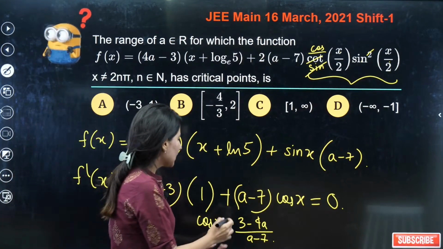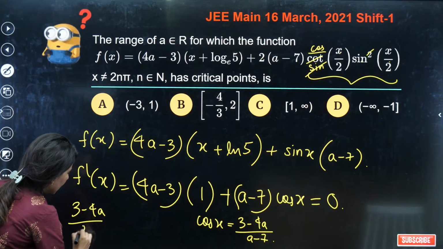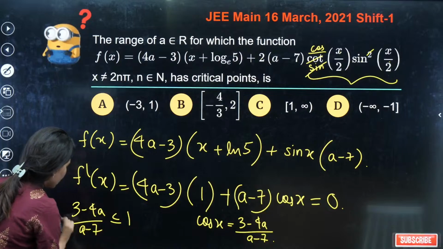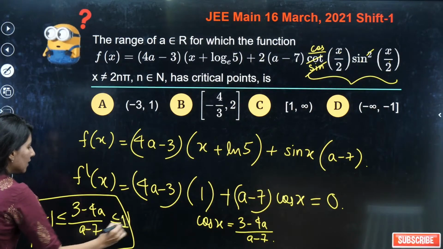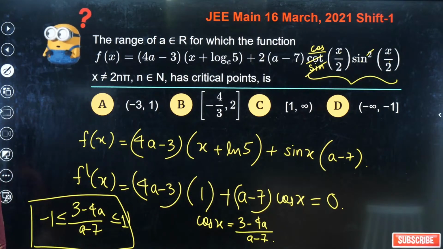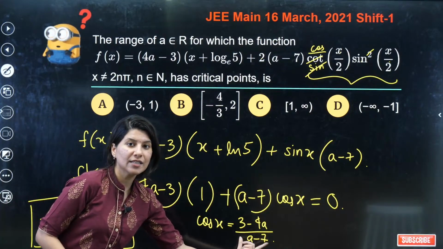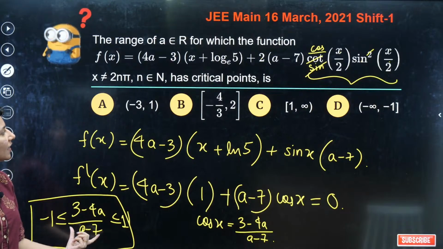So basically this 3 minus 4a upon a minus 7 should lie between 1 and minus 1 so that my f dash x will become 0. Yes or no? For my f dash x to become 0, cos x is equal to this quantity. So this should lie between minus 1 and 1, and from here we will get the range of a.